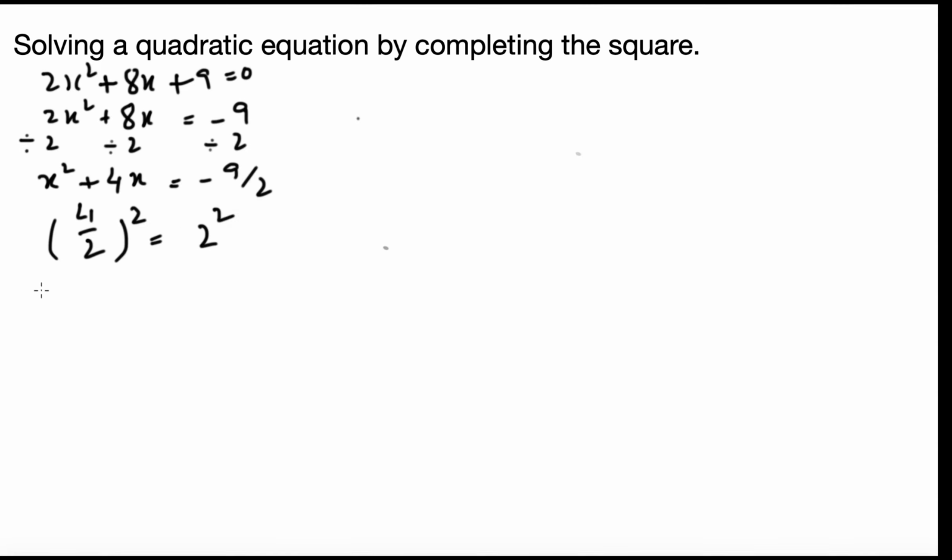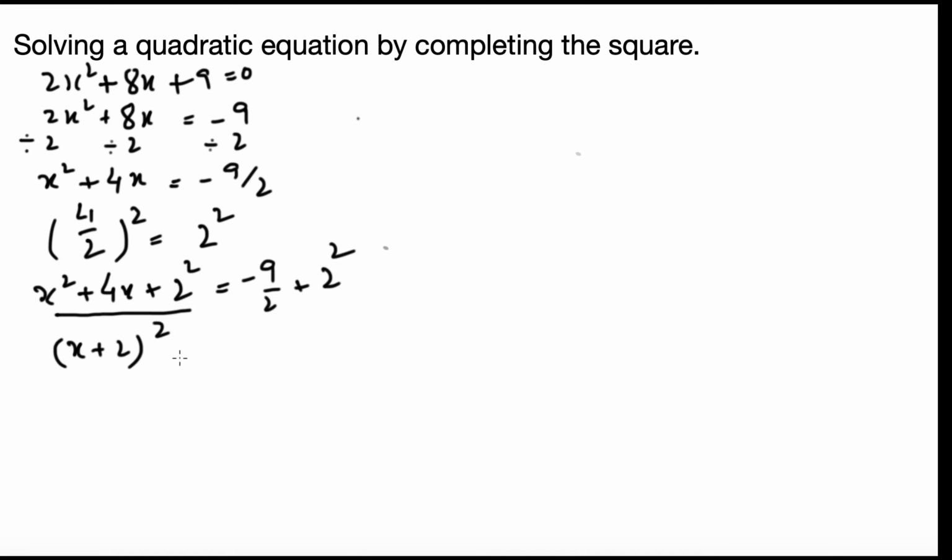We add this one on both sides. This one on the left makes (x + 2) whole squared. Two times 4, 8, minus 1 over 2. Take the square root on both sides.